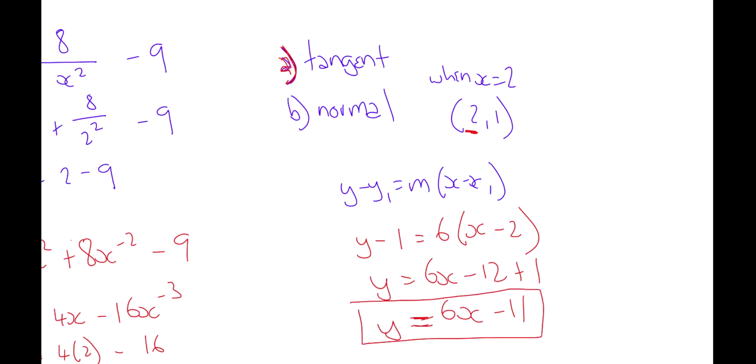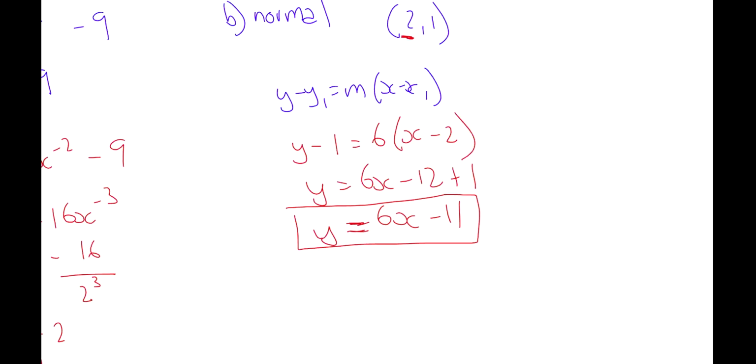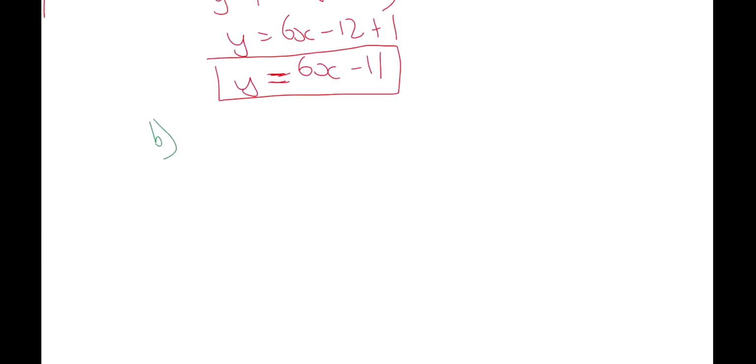Now it's really easy to do exactly the same thing with the normal. So let's color this green. For B, I've got exactly the same information. I know that the point is 2, 1, and I know that this gradient was 6. So what's this new gradient? Careful.